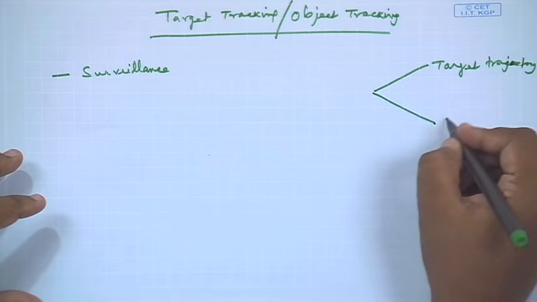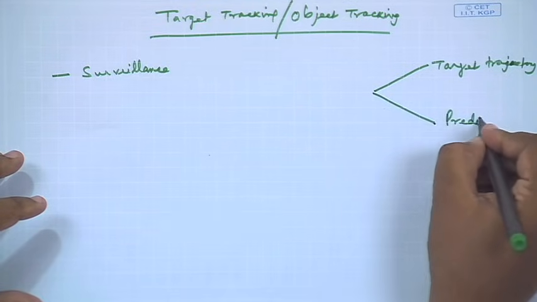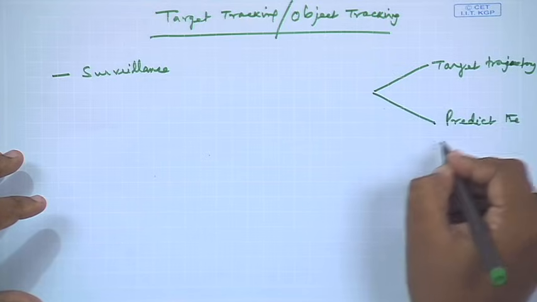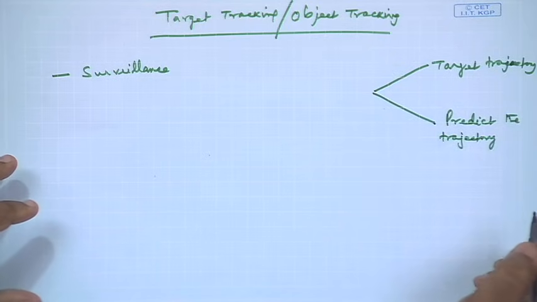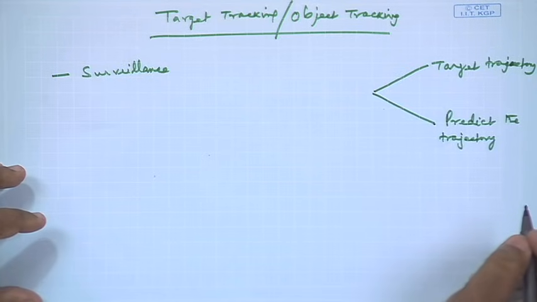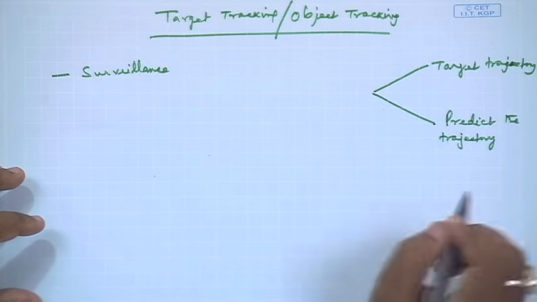We keep on sensing where and how the target is moving. That can be done in real time. The other possibility is to predict the trajectory of the target. So, it can be of two types.